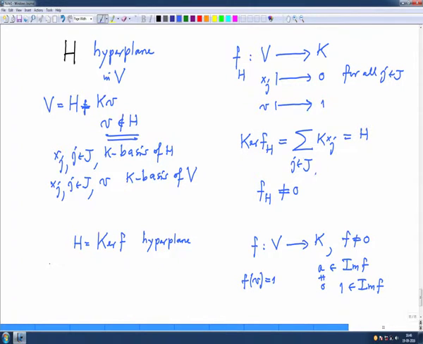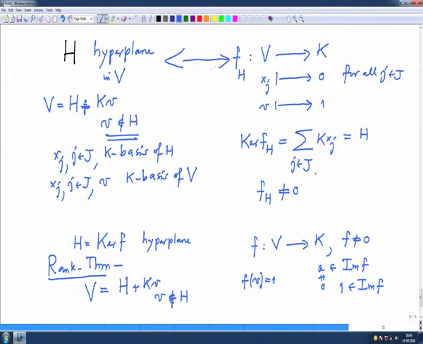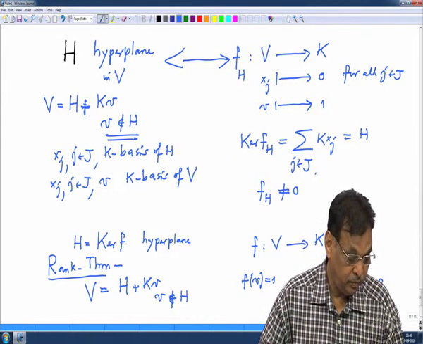So, the rank theorem's proof will show that V is H plus KV, and this V is not in H. So, that is the meaning that H is a hyperplane. So, to study hyperplanes in a vector space is equivalent to study non-zero linear forms. Okay.